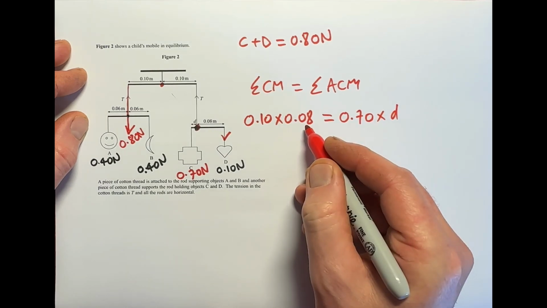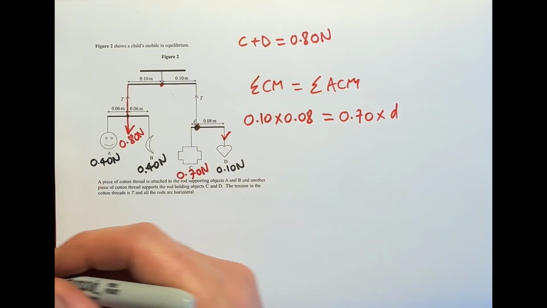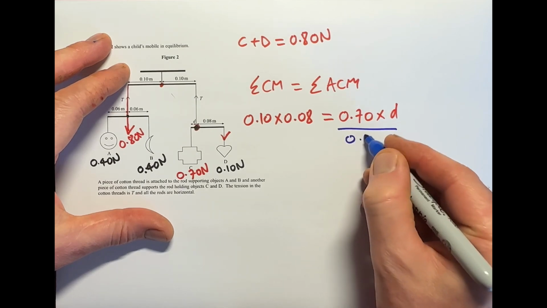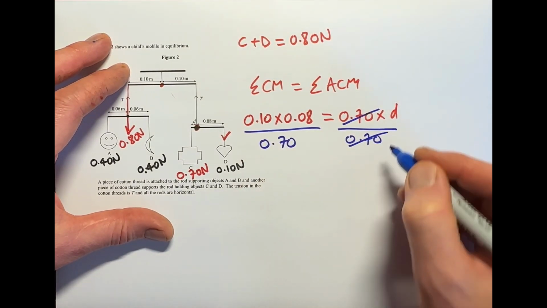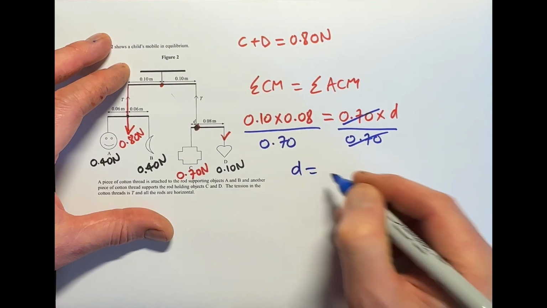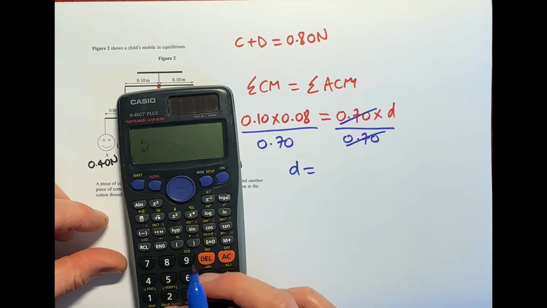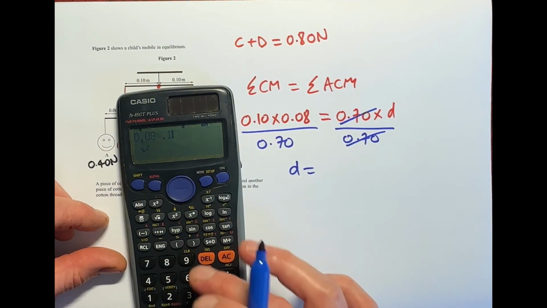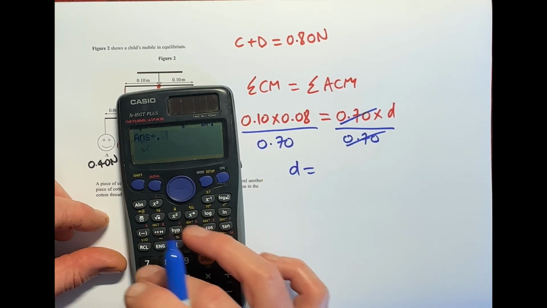Now 0.1 times 0.08, we're going to divide both sides by 0.7, and then they cancel out, and that's going to give us D. So D will equal 0.08 times 0.1, which equals 0.008 divided by 0.7.